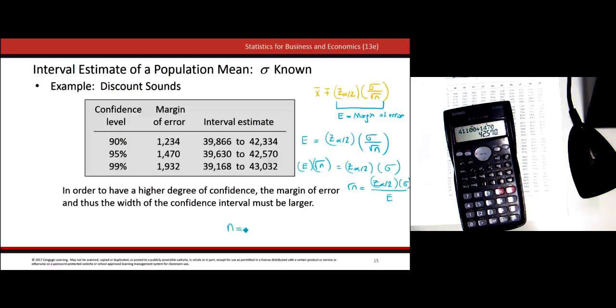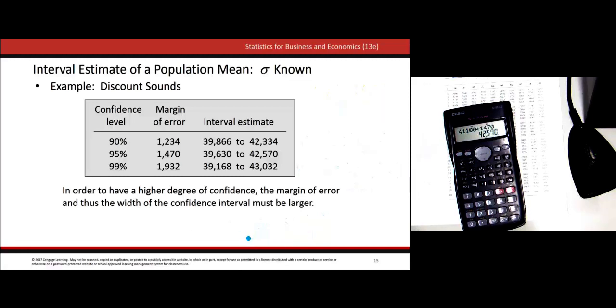How can we get rid of that square root? We square both sides. So n equals z alpha over 2 times sigma over E, squared. So for a desired margin of error and confidence level, this is how you calculate the required sample size.